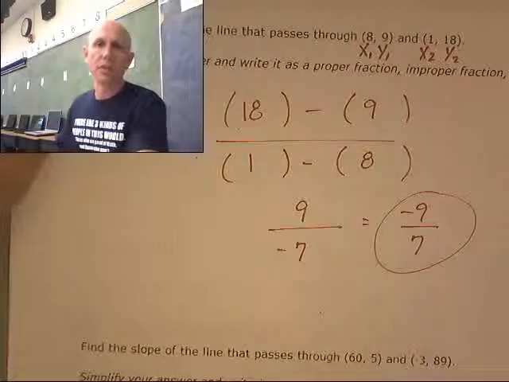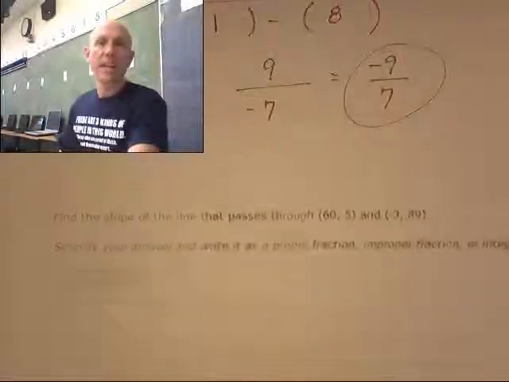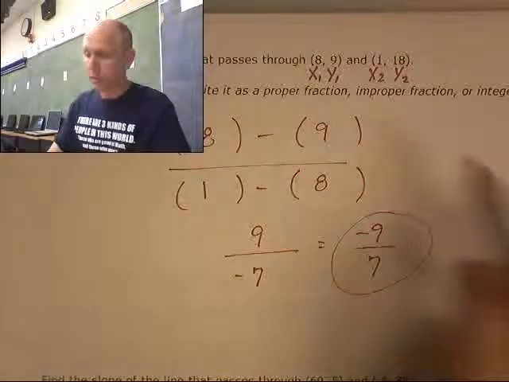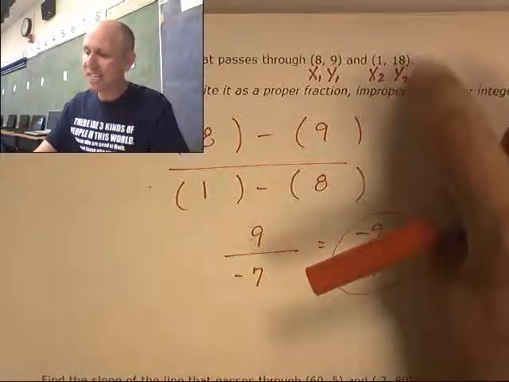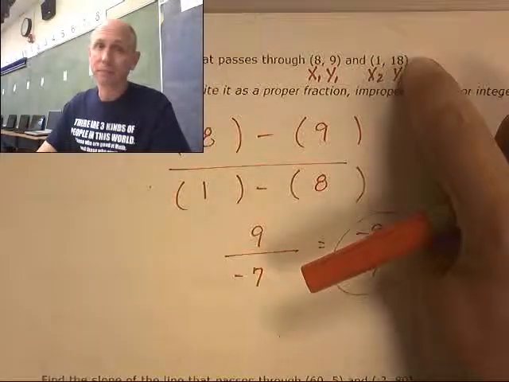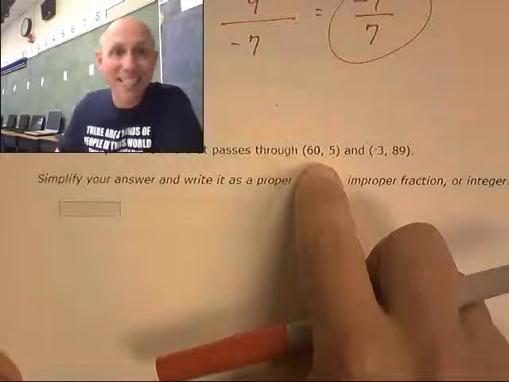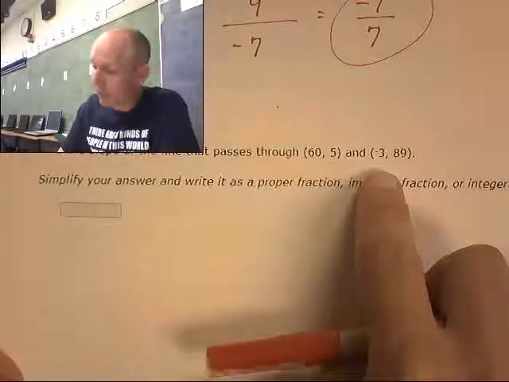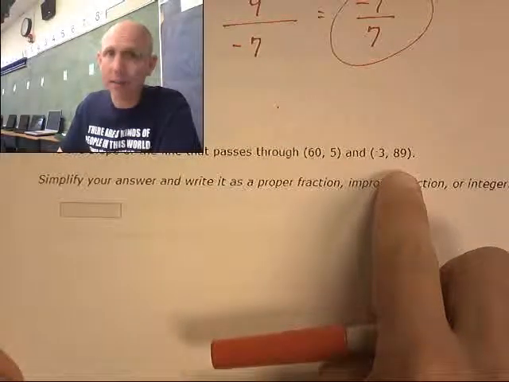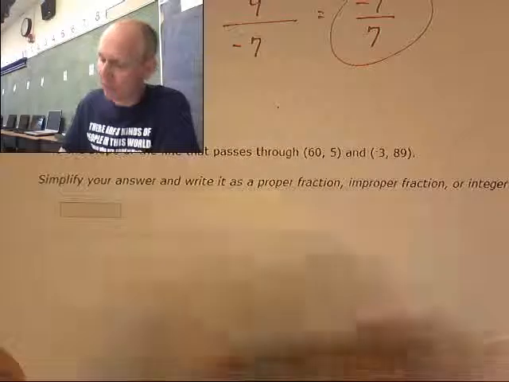Yes. Here's another one. And okay, could you have plotted this one? That 18 is getting a little bit big on you. But you could have plotted this. Now this one, do you really want to plot (60, 5) and (negative 3, 89)? No, you want to use the equation. Here we go.